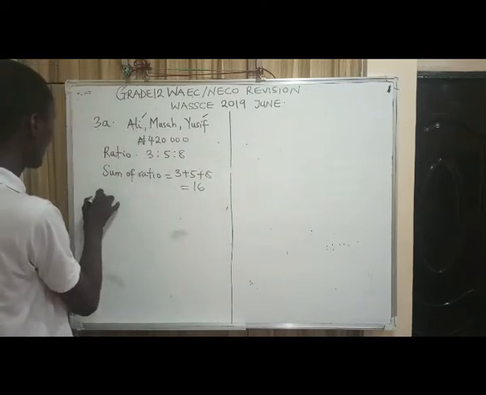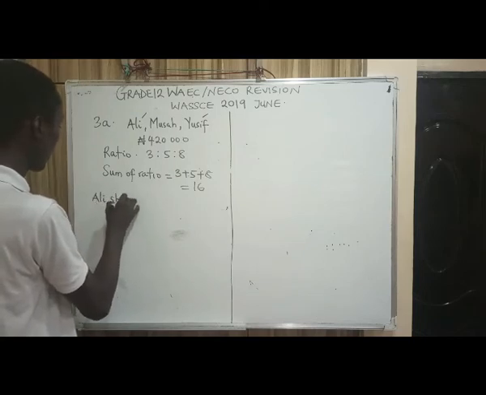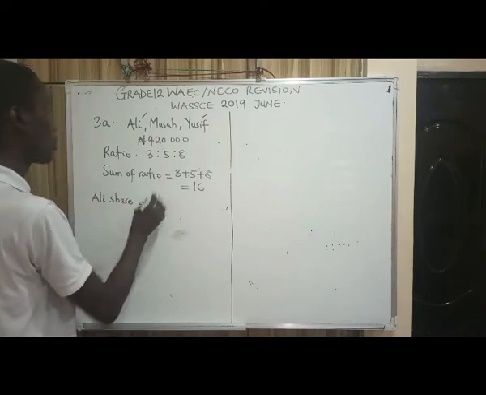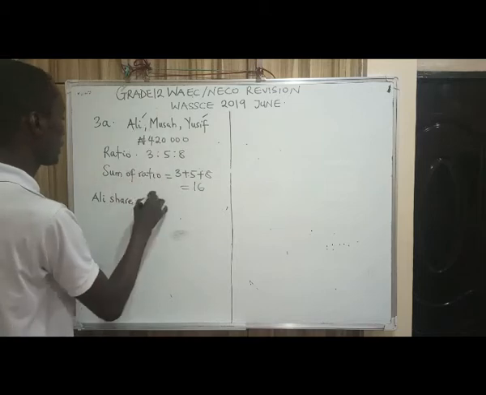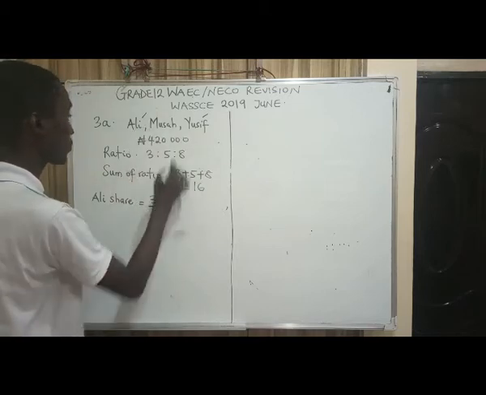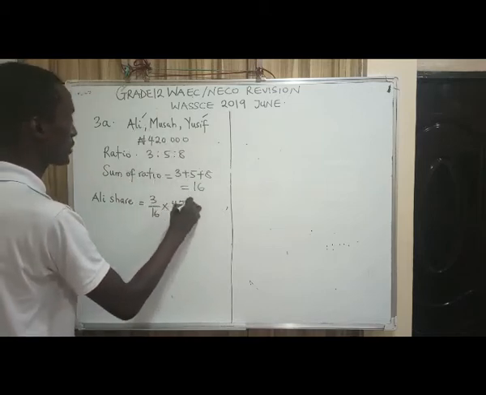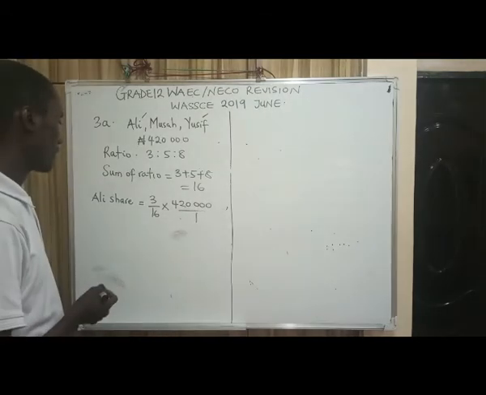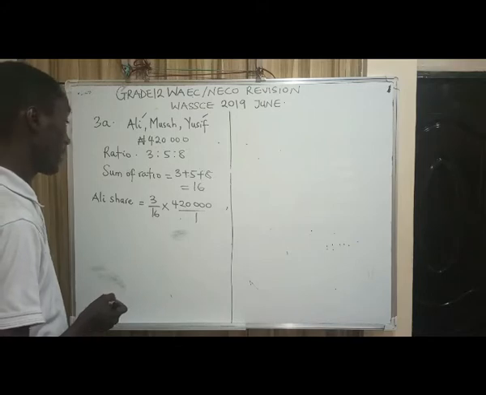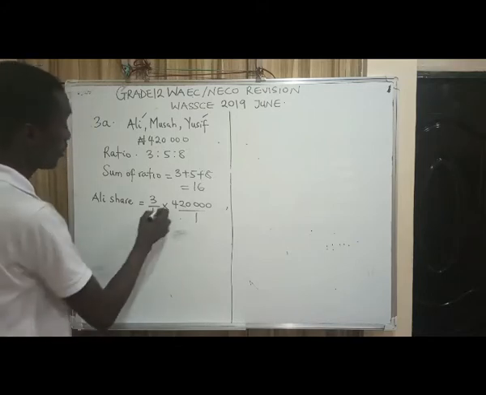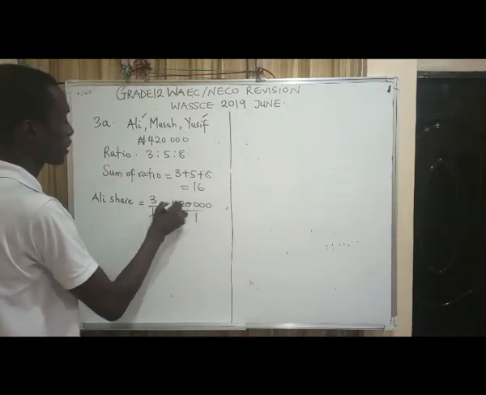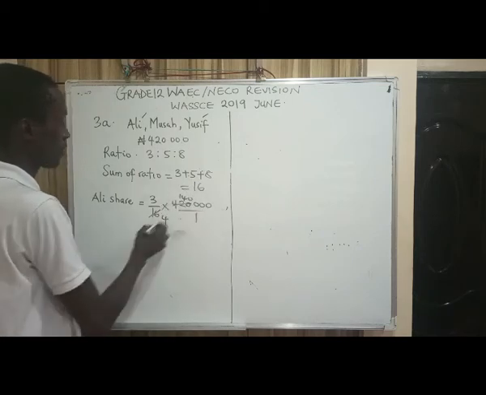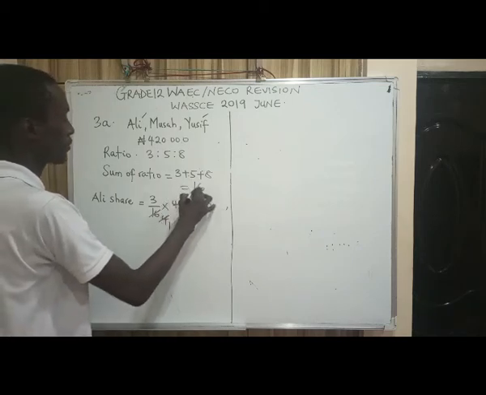So, Ali's share will be equal to what? 3 over 16 times 420,000 over 1. So let's do a relevant division here. 4 into 4 gives 1, 4 into 20 gives 5, so 4 into 420 gives 105, and 4 will give me 35.